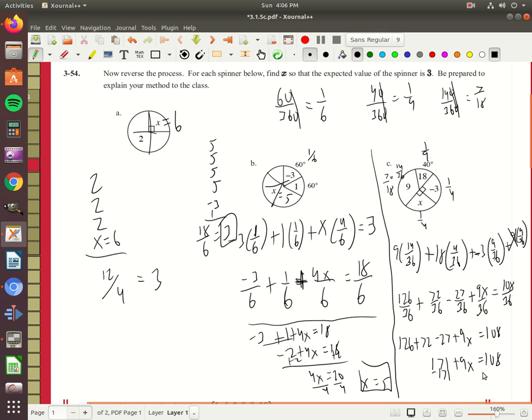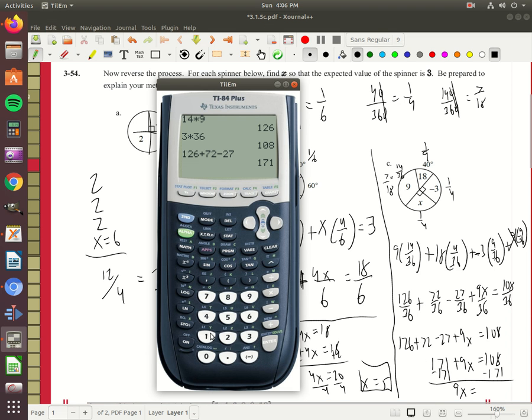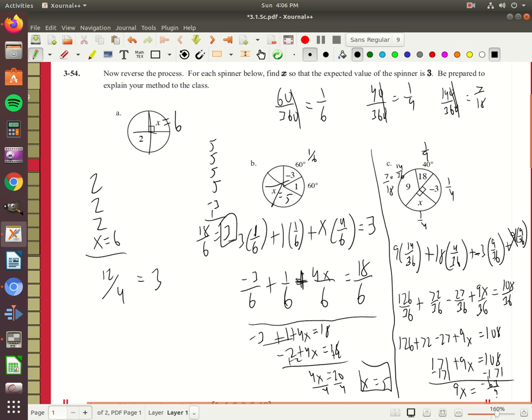I'll subtract 171. I will get 9x is equal to whatever 108 minus 171 is, and I get negative 63. So x, and then I have to divide that by 9. So obviously negative 63 over 9 is negative 7.